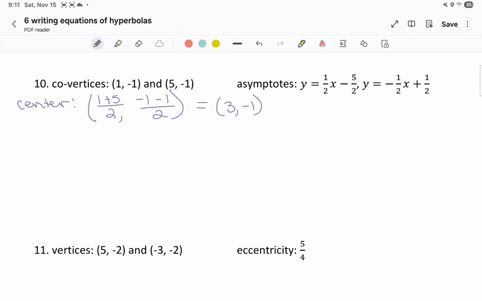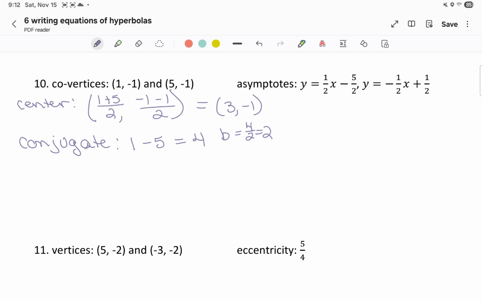And then for our conjugate axis, that is going to be 1 minus 5, which is 4. And so for B, that is going to be 4 over 2, which is 2.